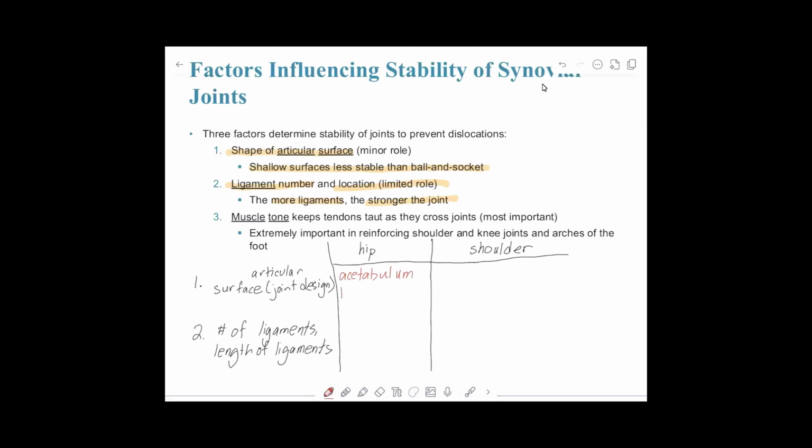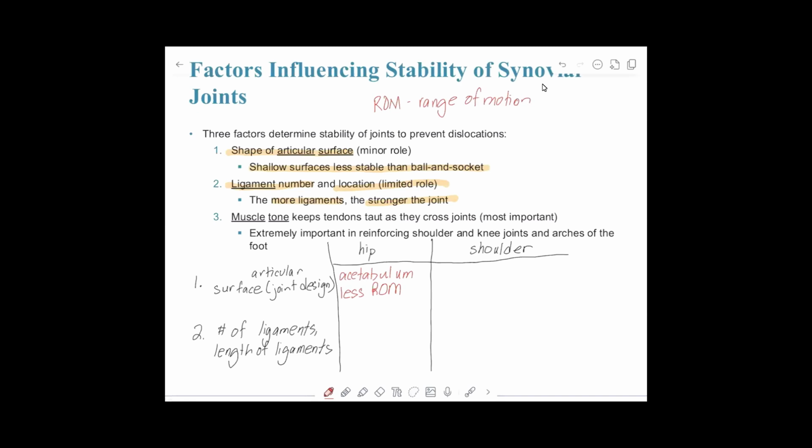And it allows less range of motion. ROM is shorthand for range of motion. In physical therapy, for example, they'll use that shorthand.